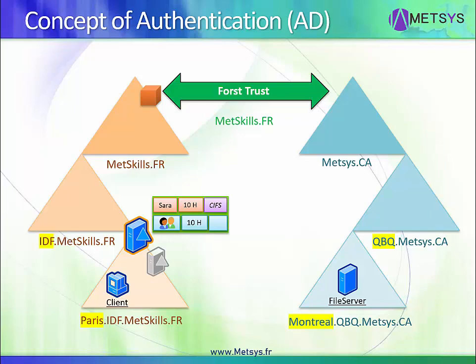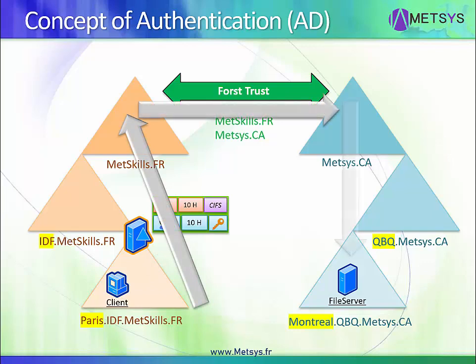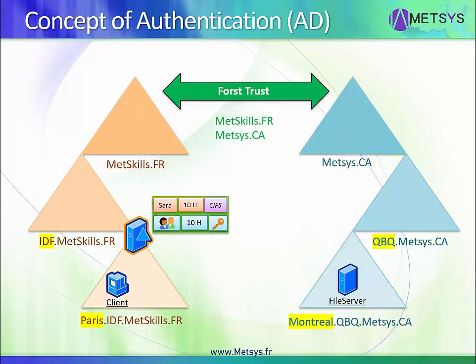The first side is medskills.fr and the second side is going to be medsys.ca. Having said that, it will find that the service principal name is ending with medsys.ca. So it says that the authentication process should follow the trust path, which means that it will go like this until it reaches the destination.